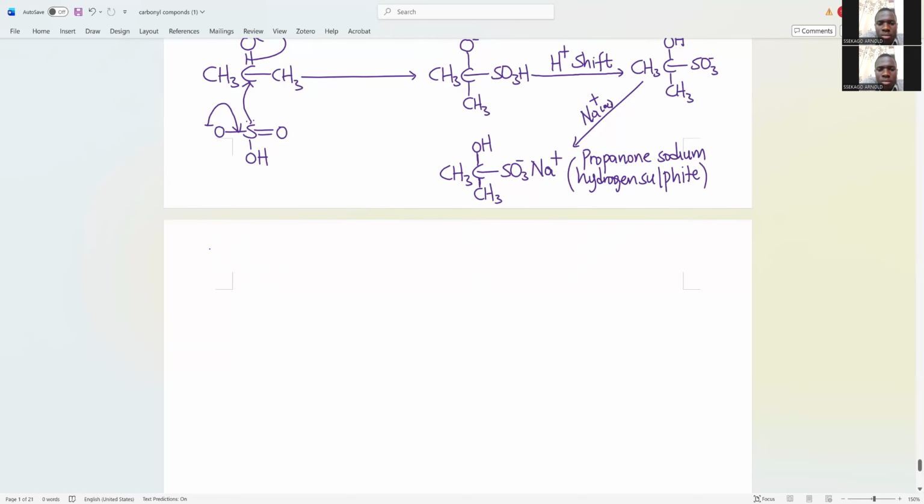Another example. Which example? I think those ones are enough. Let me finalize with CH3, CH2, CHO with the saturated solution of sodium hydrogen sulfite.